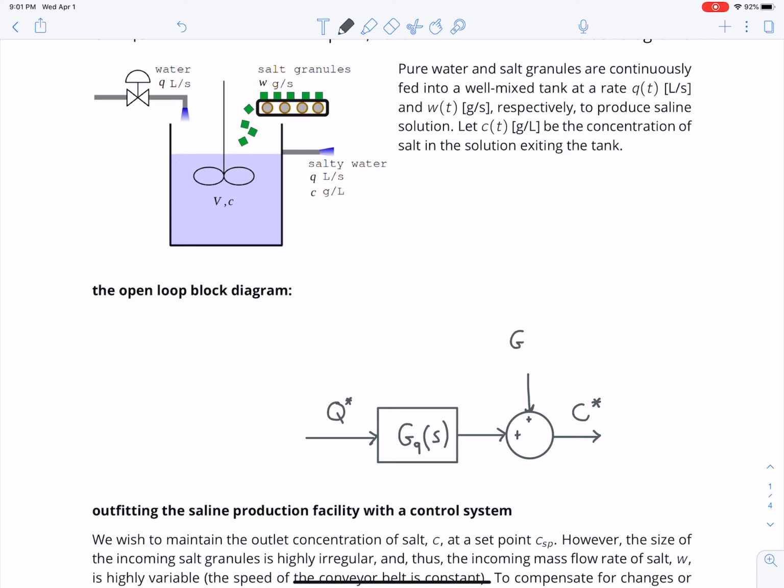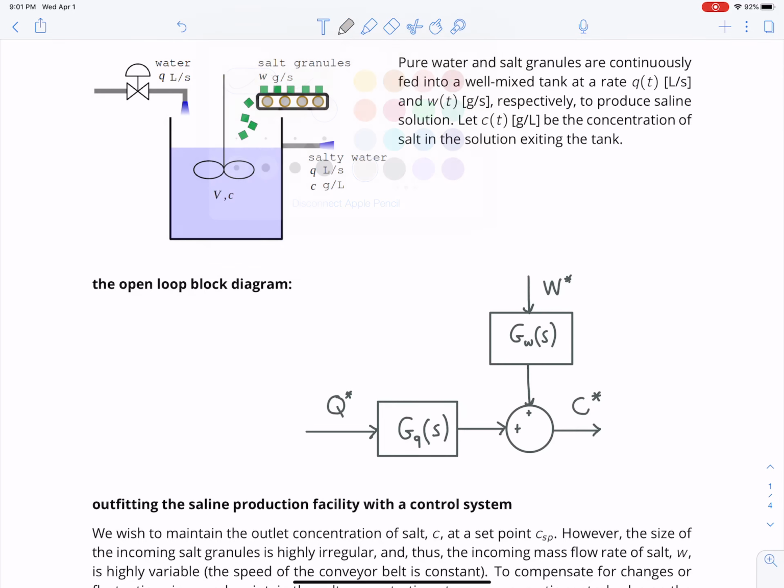So we'll draw this one coming up. So here's the transfer function for the dynamics of how W affects C. And then incoming into that transfer function box is W star. So here we have two inputs, and both of these add together to give the output C.